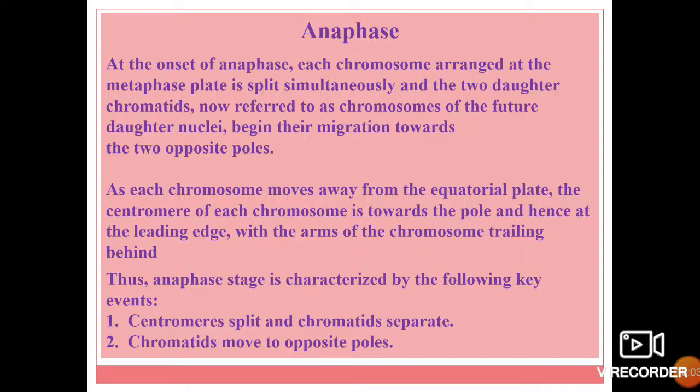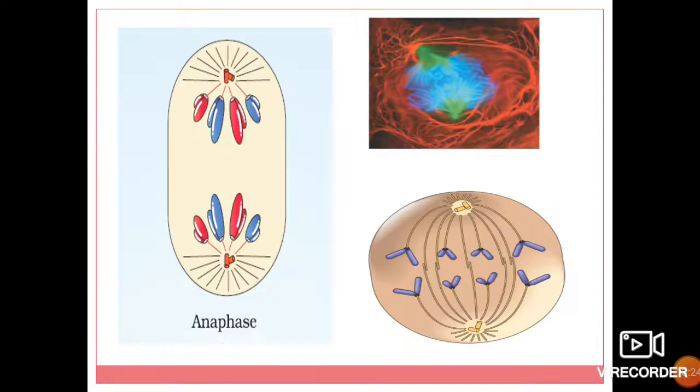So in anaphase, the visibility of chromosomes in V and L shapes shows us that the chromosomes are being pulled away from their center towards the opposite poles by the spindle fibers.